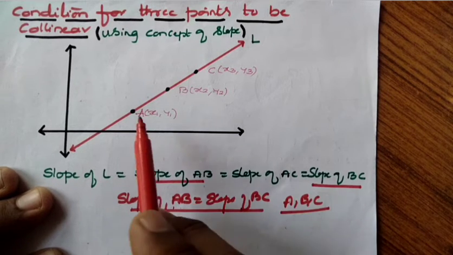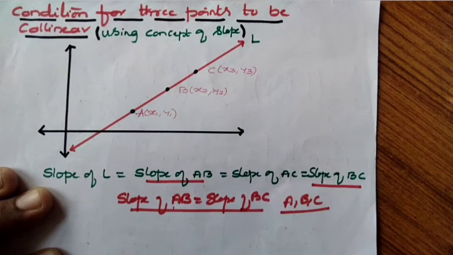Or we say that if A, B, C are collinear, then the slope of AB is equal to the slope of BC. This is the condition we use to find whether 3 points are collinear. It is not restricted to only 3 points; it may be extended to 4 points, 5 points, or up to a finite number of points. The concept may be used to find the condition for collinear points. I hope you got it. Yes or no?